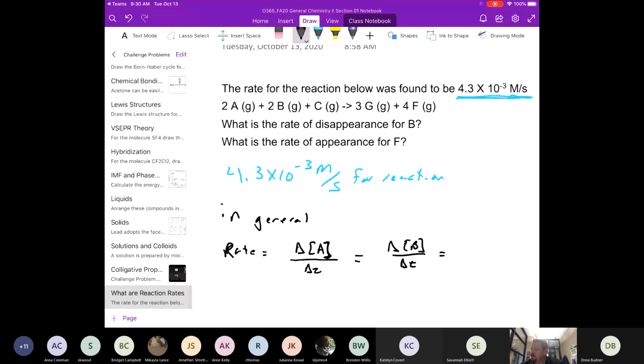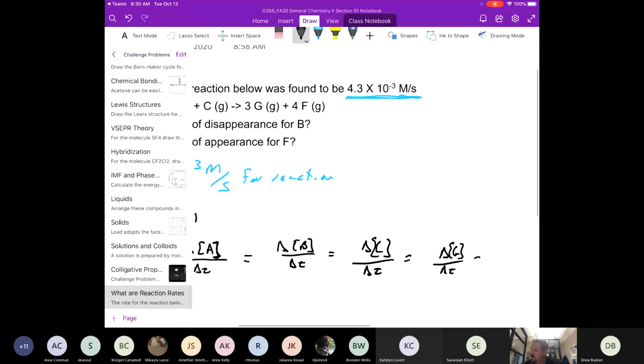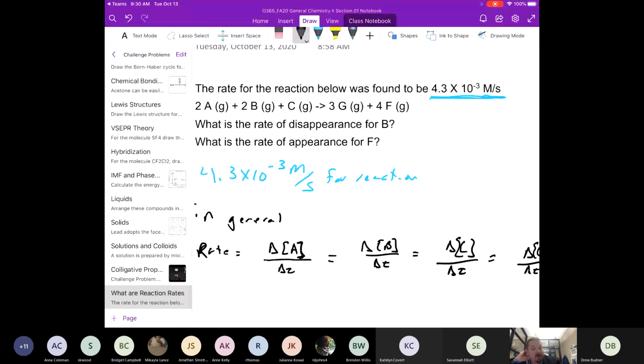And we can relate that to the change in concentration of C per change in time. And we can change that in terms of concentration of G per unit time. And finally, F per change in time. So this rate we can then describe for each one of these.